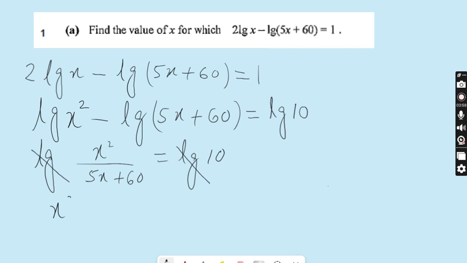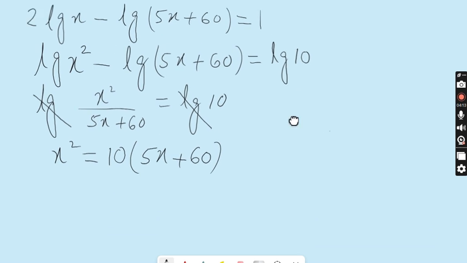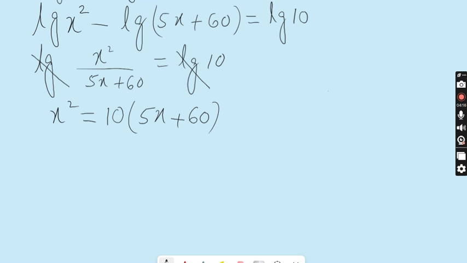So x squared, this (5x plus 60) is divided over here, so it should multiply on the other side: x squared equals 10 times (5x plus 60). Now 10 into 5x is 50x, 10 into 60 is 600.